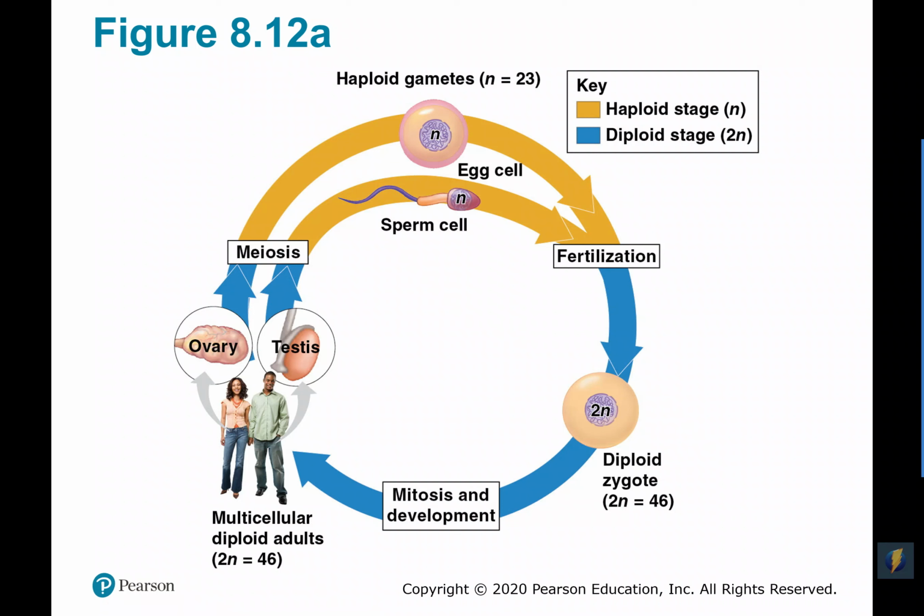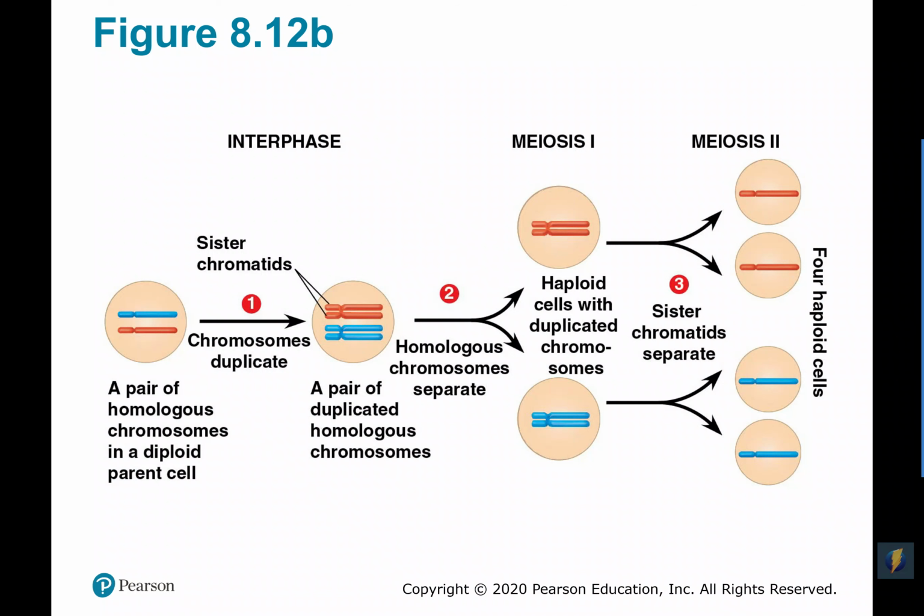Because we are reducing the number of chromosomes, each of these cells is going to go through not one round of division, but two. So here is our pair of homologous chromosomes. Again, one from mom, one from dad. They're going to duplicate, and so they each have a sister chromatid. The homologous chromosomes separate, and then the sister chromatids separate.